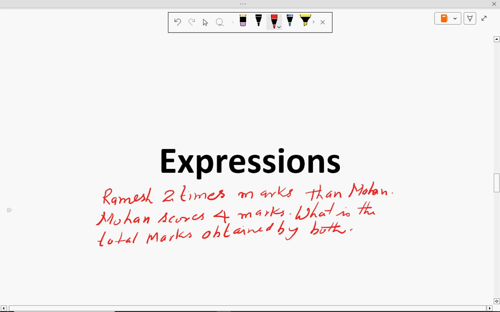Now the situation is a classroom. The condition is that Ramesh is scoring 2 times the marks than Mohan. Now the total score is marks of Mohan plus marks of Ramesh.